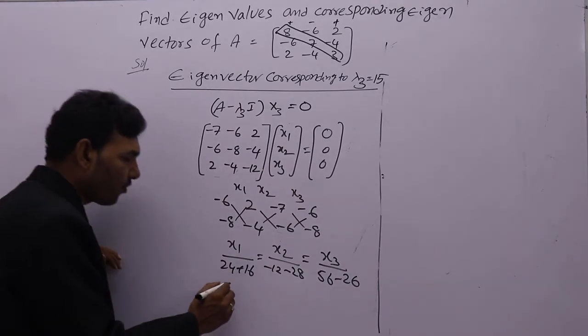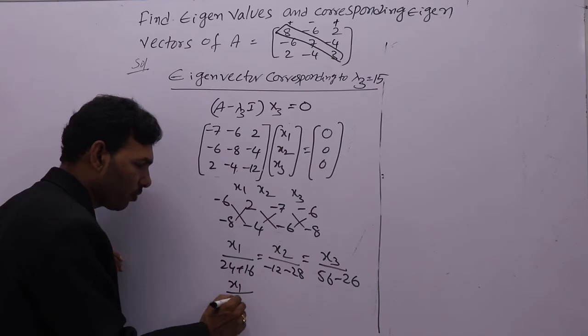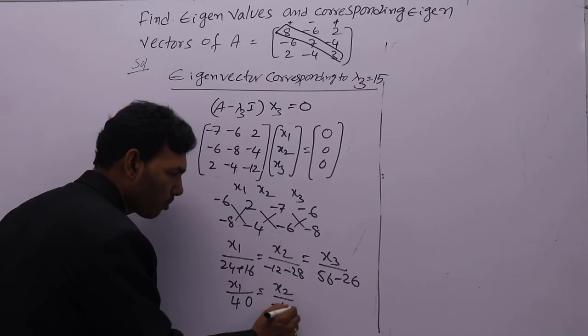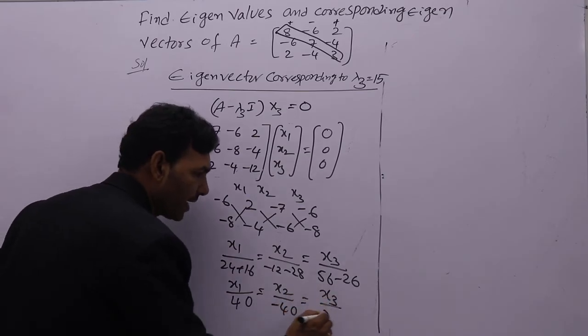Now 24 plus 16 is 40. x2: minus 12 minus 28 is minus 40. Here you will get 20.